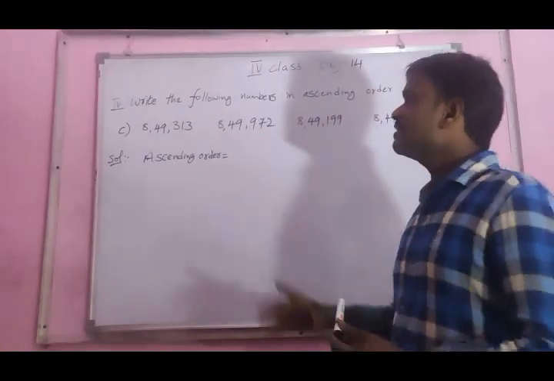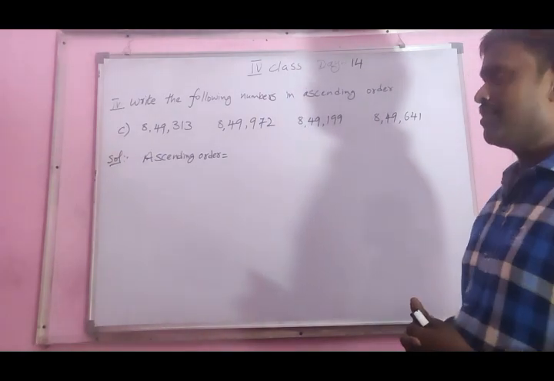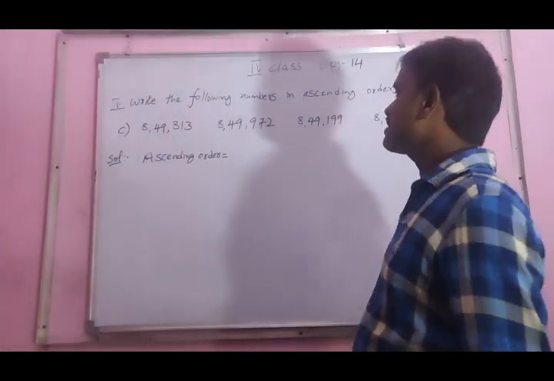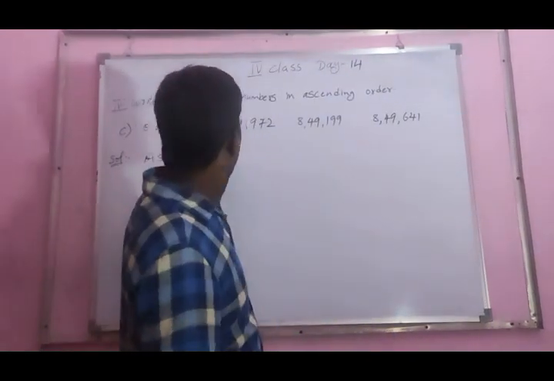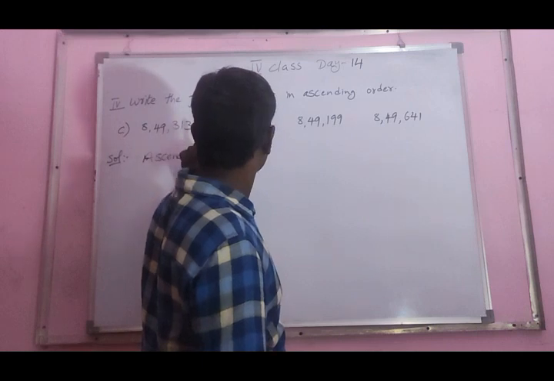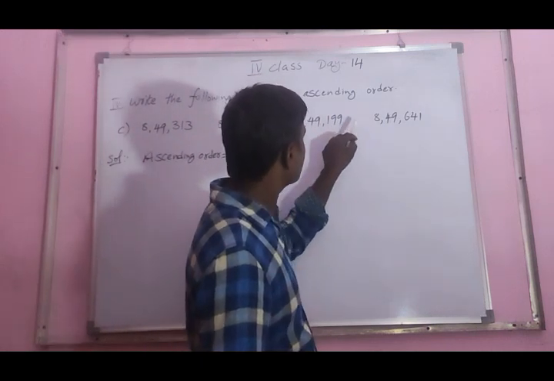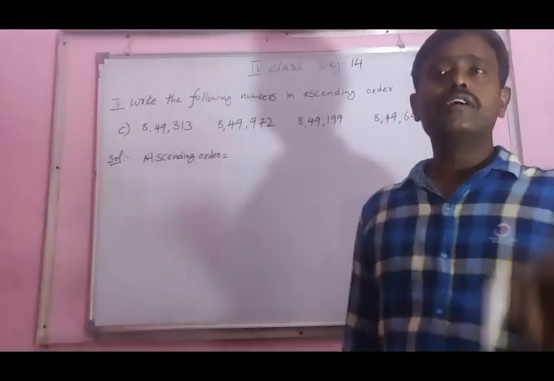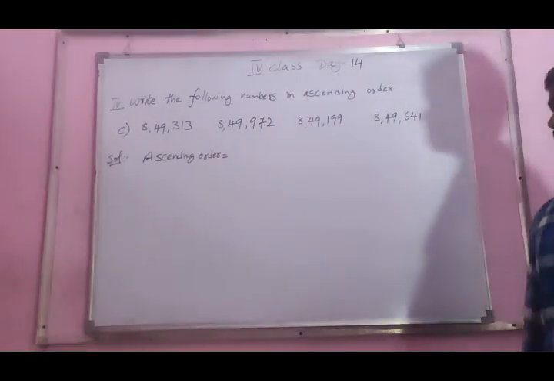Here, which is the small number in these four numbers we don't know. Just count the digits first of all. Here, all are having 6 digits. 1, 2, 3, 4, 5, 6. All are of 6 digits.